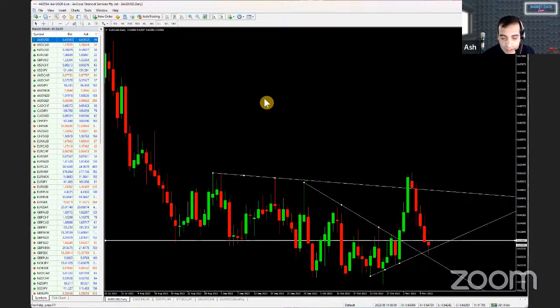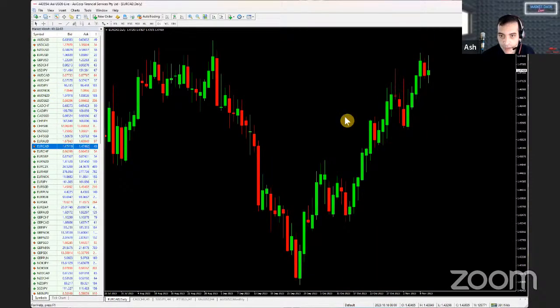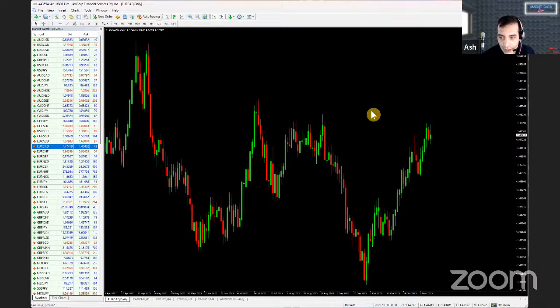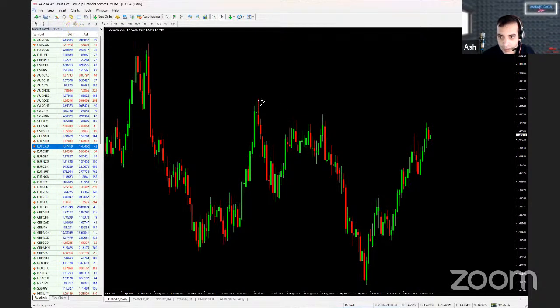The Canadian dollar tends to have a terrible period against the euro at this particular time as well. So let's have a look at the Canadian dollar, particularly against the euro. It's bad against the Swissie as well. But looking at the euro CAD, the big problem with this one is that it looks like it's in a sell zone. We consider support or resistance as buy and sell zones.